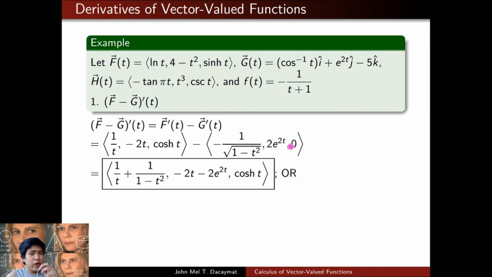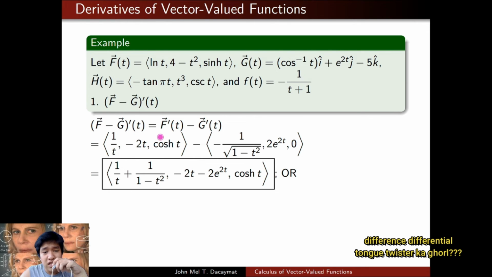Or, another way you could do this, just to show you how big the difference is between performing the differentiation formula versus the actual thing this expression says. It says you want to differentiate the difference of F and G. So what is the difference when, instead of using this F prime minus G prime, the differentiation rule, we subtract them first and then take the derivative?